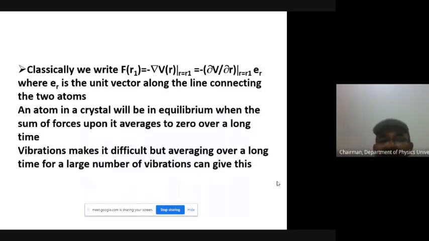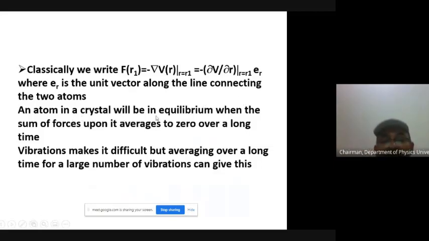Classically, we write the force between the atoms as minus the change in potential at R equal to R1 if it is attractive, and it is directional, as I told you, that you have a unit vector ER, which brings directionality into the matter, where ER is the unit vector along the line connecting the two atoms.